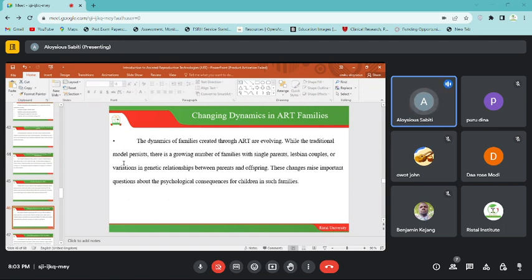However, I think this is very predominant in modern culture, or in well developed or developed countries.